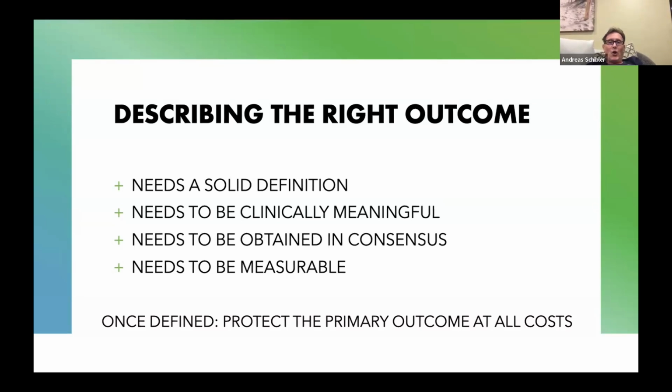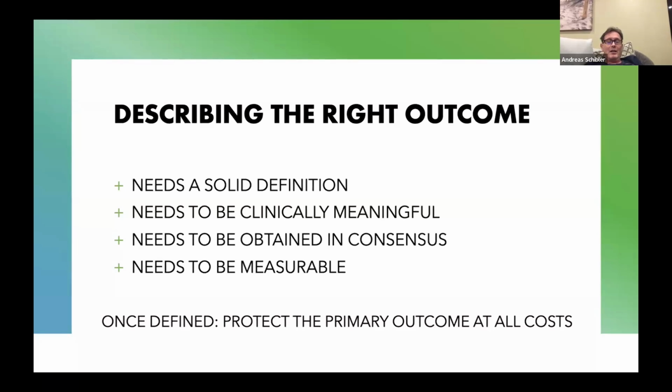And go and talk to your colleagues about, is it clinically meaningful? If I have a 30%, a 20%, or a 10% reduction, does that change my practice? So you need to ask your colleagues, is this an important outcome, and is the threshold that I'm choosing important to you for your practice?